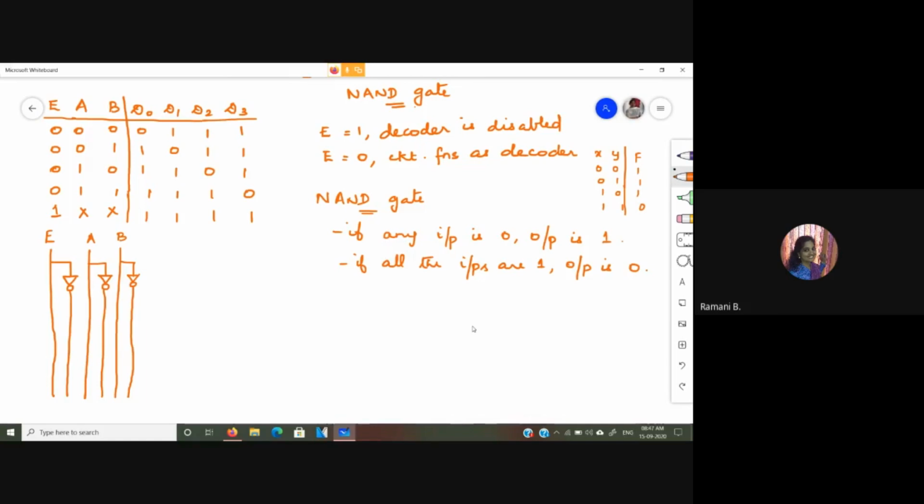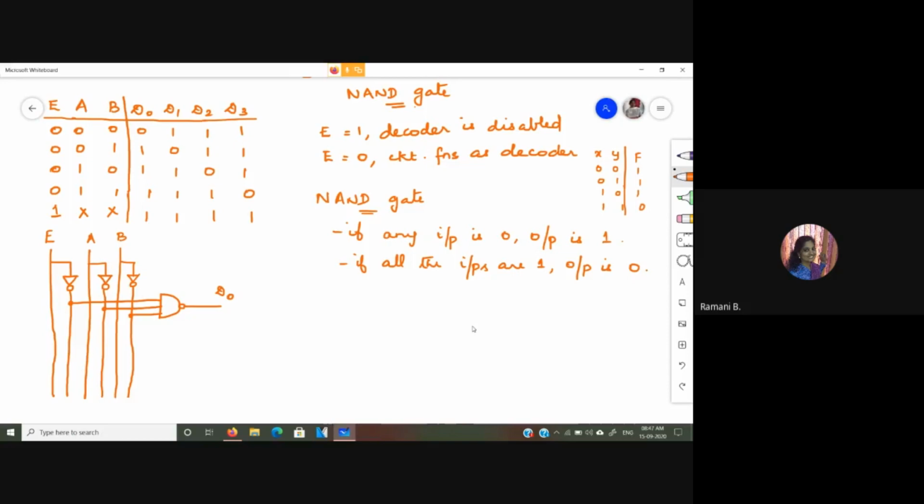so the first case is E is equal to 0, that is E bar. A is equal to 0, A bar, and B is equal to 0. If I give this to a NAND gate, I am going to get D naught, right?